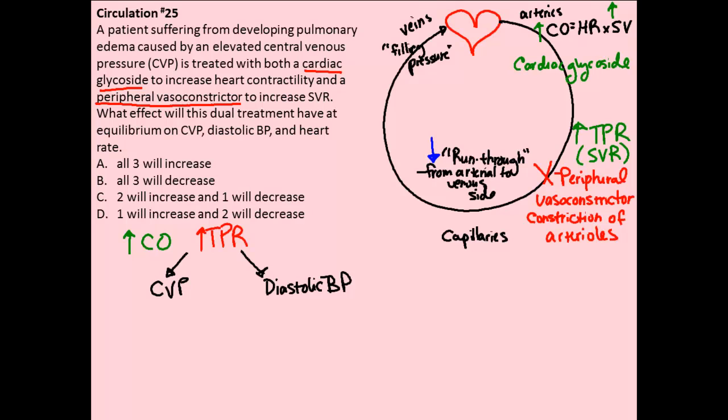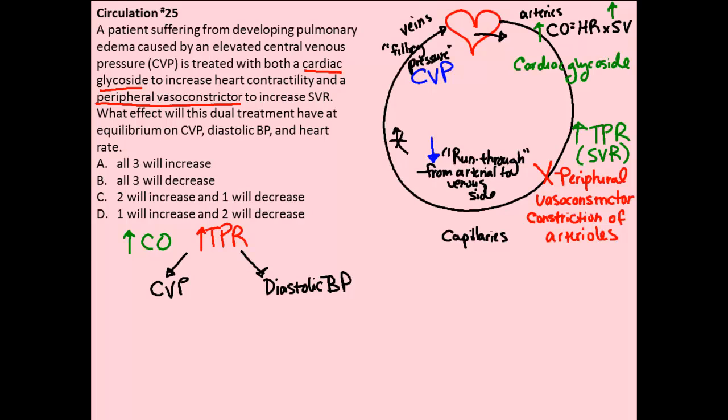Well, with the CVP, that's going to be our filling pressure. So in other words, what we're measuring there is the filling pressure of the heart. Now, because we've increased our cardiac output, more blood is being pulled over to the arterial side. And because we've decreased our run-through, there's less blood being pulled to the venous side through the circulation.